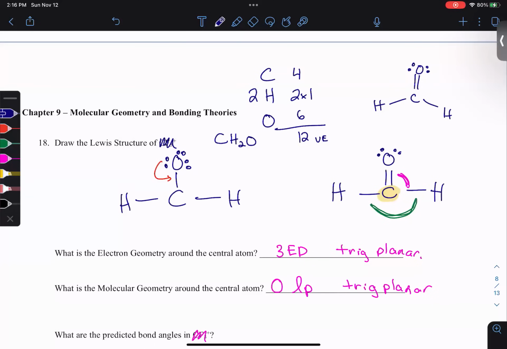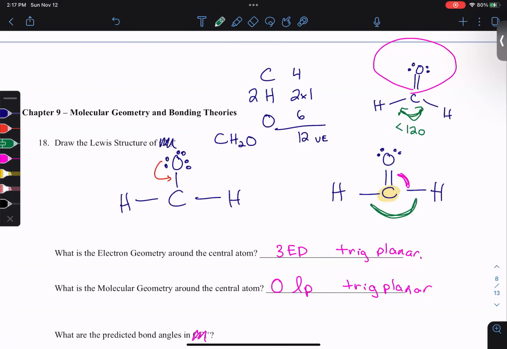A single bond is made of how many electrons? 2. But a double bond is made up of 4 electrons. So I just like to think of, oh, that double bond takes up more room. So what is it going to do to this green bond angle right here? It's going to close it up. So that green bond angle is going to be a number slightly less than 120 degrees.